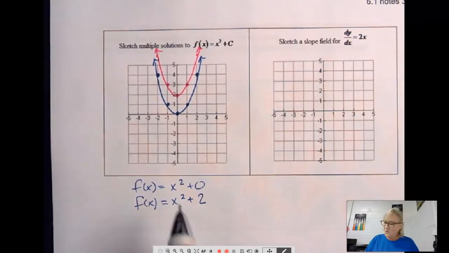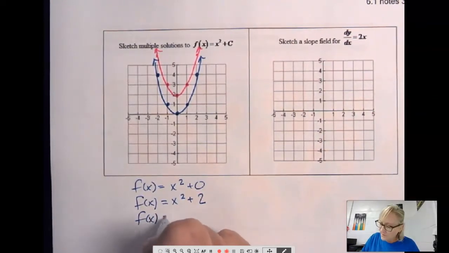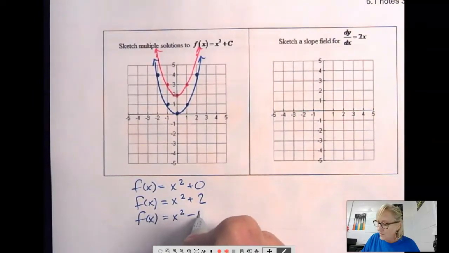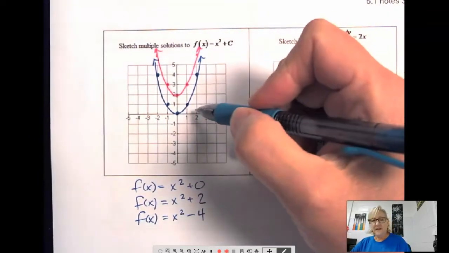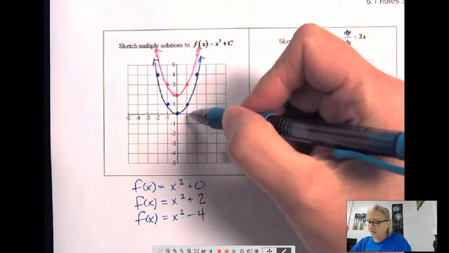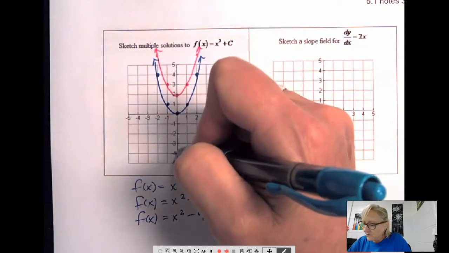And let's do one more. Let's say that I wanted f of x equals x squared minus 4. So c could be a negative number. So now I'm basically taking that first plain old vanilla parabola and shifting everything down 4.